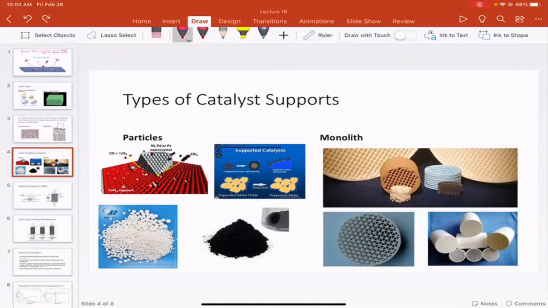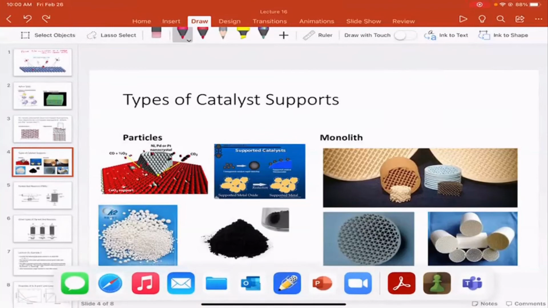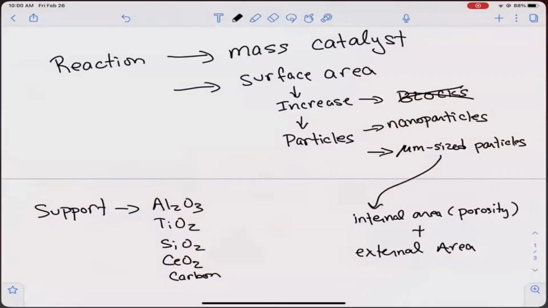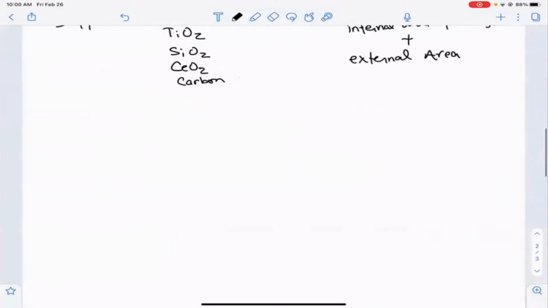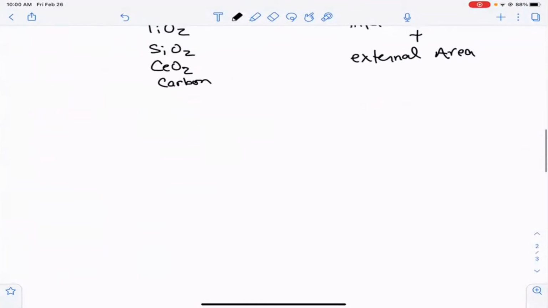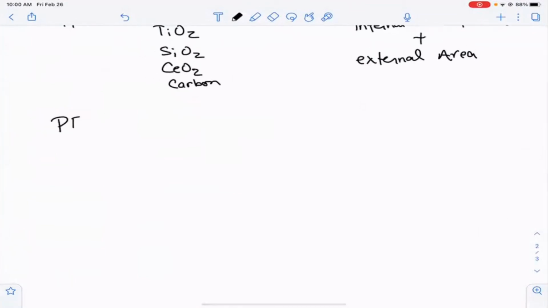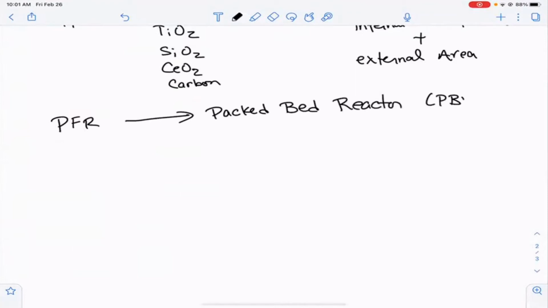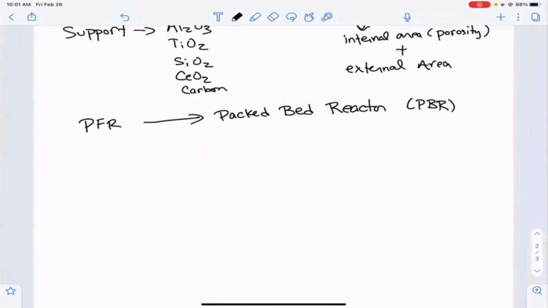And we will implement them in reactors. The act of doing that is really the difference between a plug flow reactor, or PFR, and a packed bed reactor, or PBR.